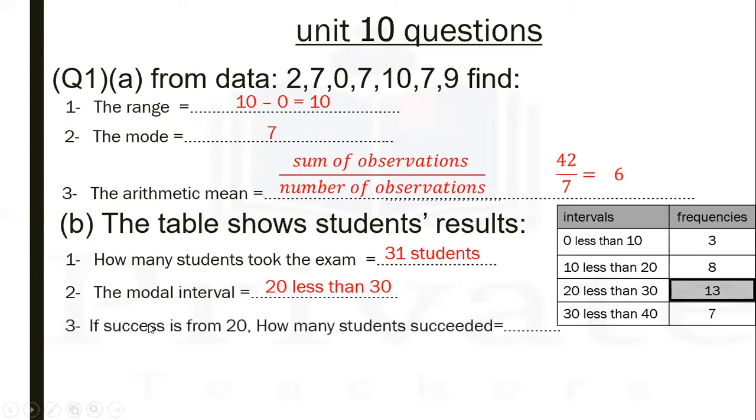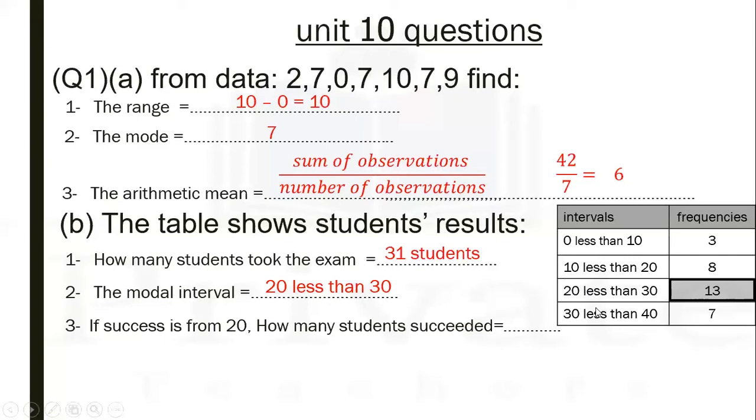Number 3, if success is from 20, how many students succeeded? Now we look, as we said, here the 20 itself is not from the second one, but from the third one. So how many students succeeded? That means the students who got from 20 and less than 30 and from 30 and less than 40.